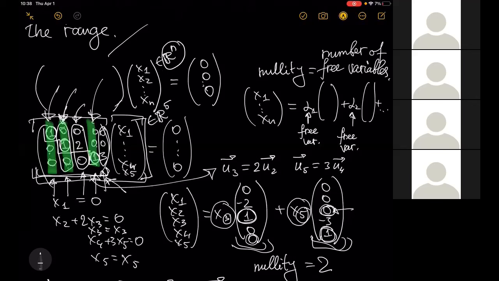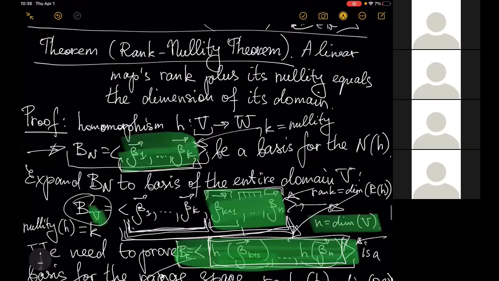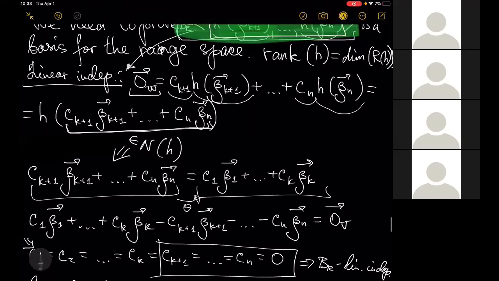Oh, okay. So I understand that statement better. Thank you. You see, this is an extremely important example of application of this theorem. This rank-nullity theorem is true for any homomorphism.